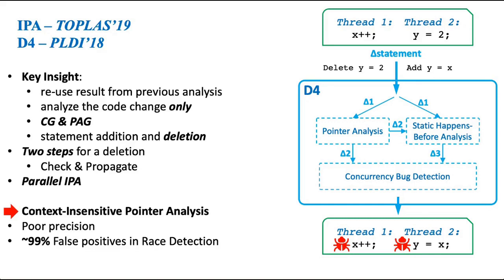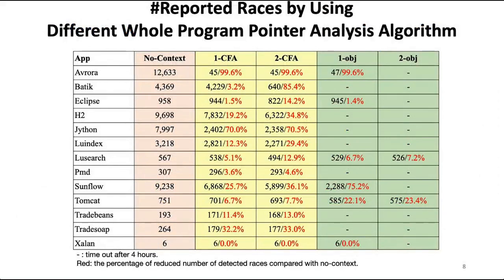However, both works are built on a context-insensitive on-the-fly algorithm, which has poor precision in the pointer analysis result, as well as the dependent application result. Here are the numbers of detected data races by the same algorithm in D4, but using different pointer analysis results.